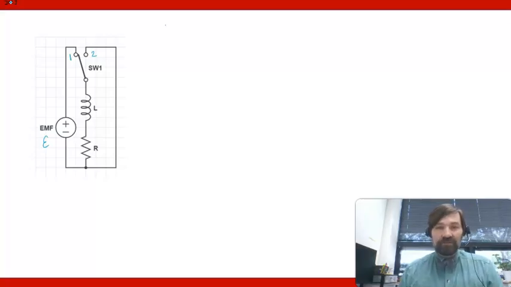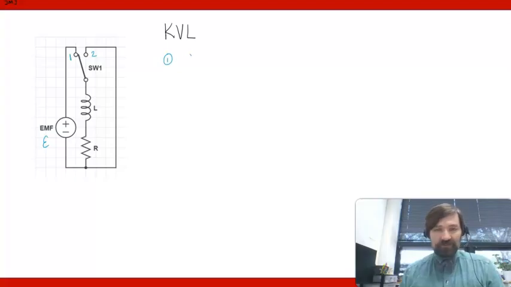So let's apply the voltage rule or the loop rule, Kirchhoff voltage law, to each of these two possible switch positions. So in switch position 1, I have an EMF, I have a resistor, and I have an inductor.